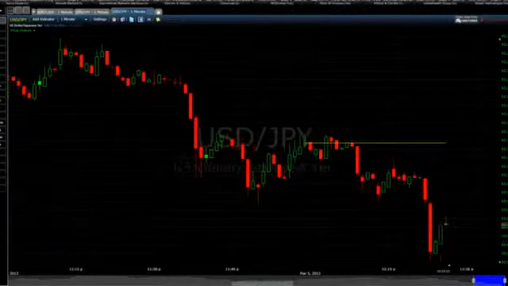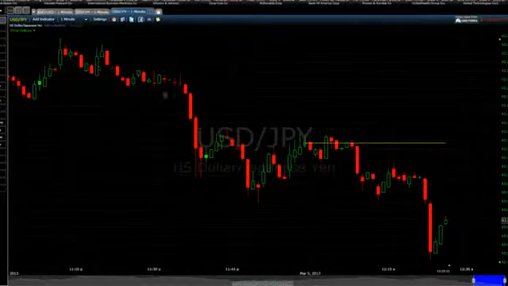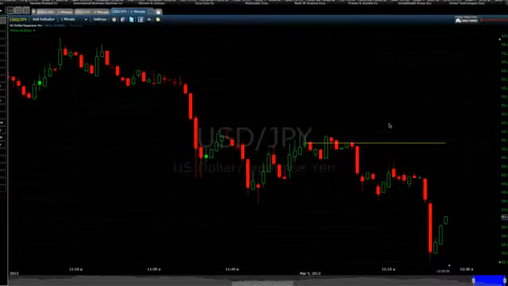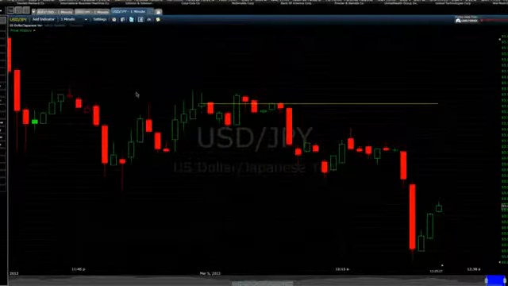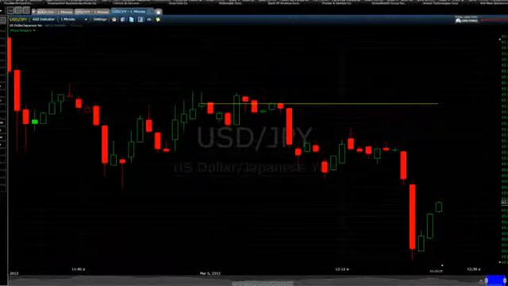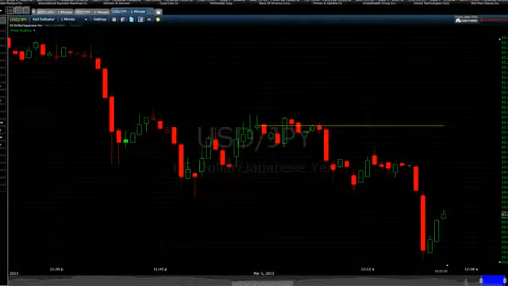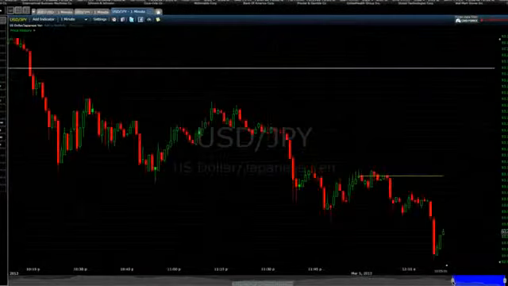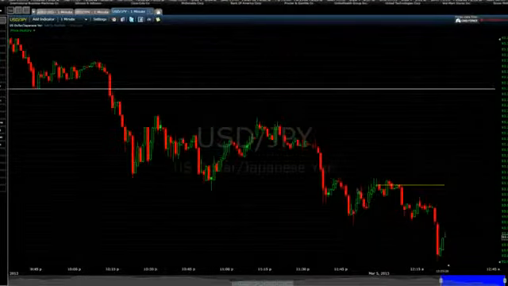We can switch over to the candlestick representation of the same graph, and this gives you an idea of what we're looking at.